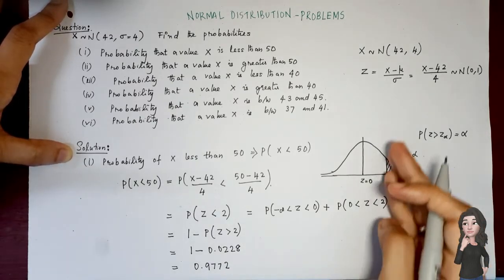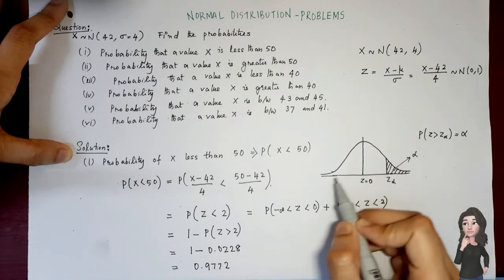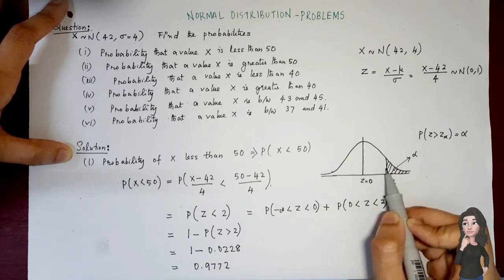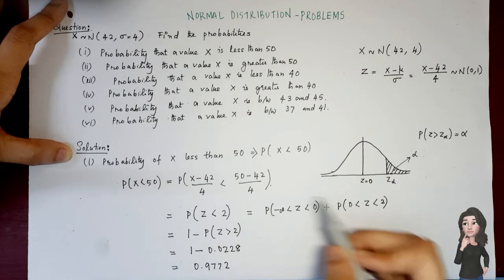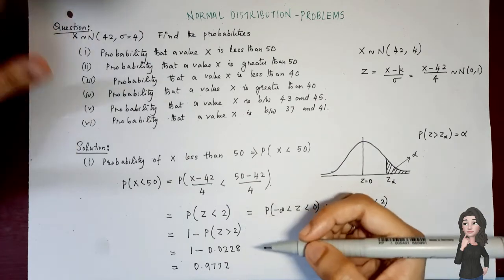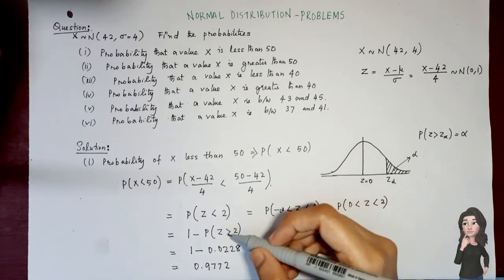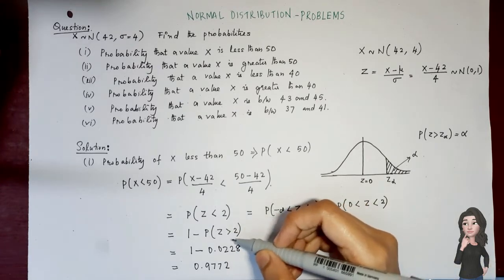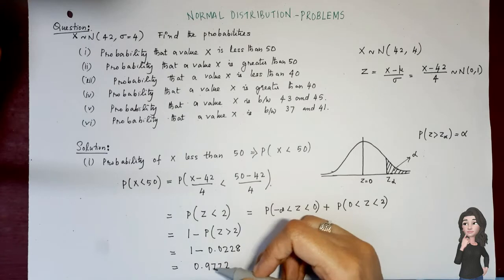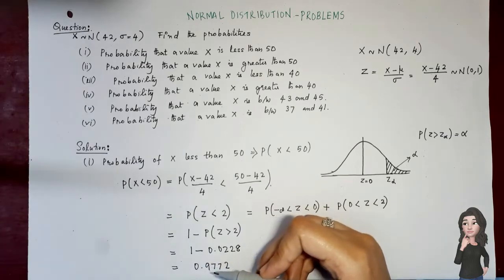So we can find this probability as a sum from here to here. The easy method is to use the standard normal table, where we can find the probability of z greater than 2, and in a similar way we can find this.